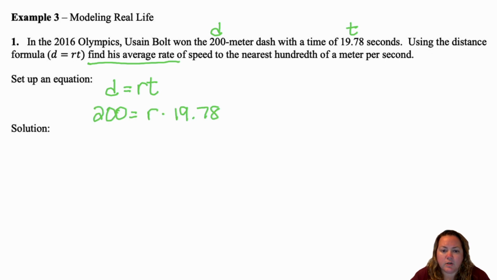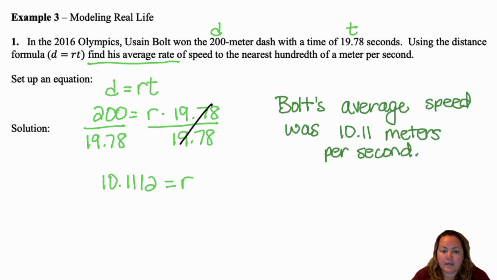Distance was 200, rate is going to stay R, time is 19.78. I'm going to divide both sides by 19.78 to get R by itself. It's connected by multiplication, so I'm going to undo it with division. That's going to divide out. 200 divided by 19.78 is going to give me approximately 10.1112. So Bolt's average speed was 10.11 meters per second.